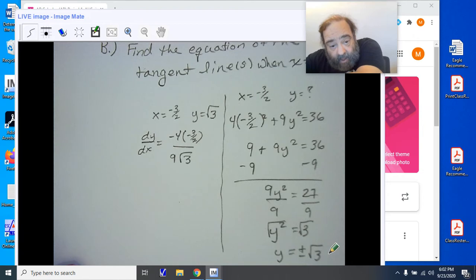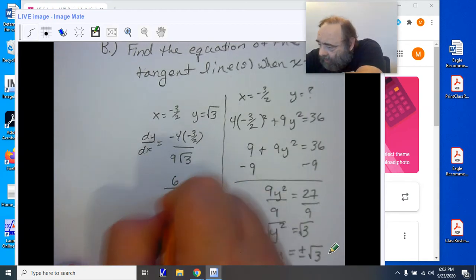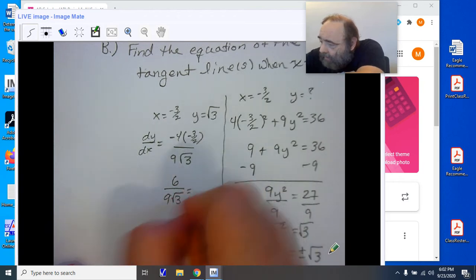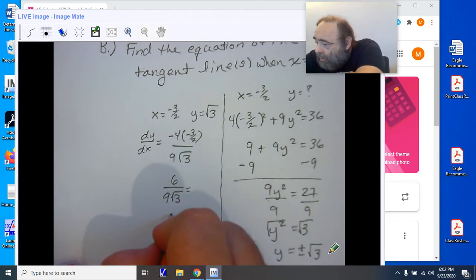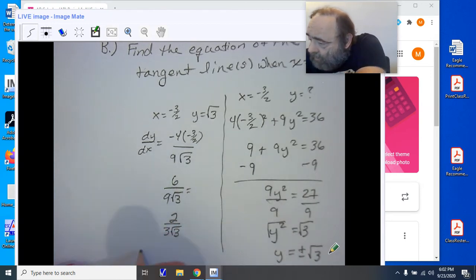Now, the double negative is going to make it positive. The 2 is going to reduce with the 4, leaving me with 2 times 3 in the numerator. And you'll notice I end up with 6 over 9√3. I'm going to simplify that again, and I'm going to end up with 2/3 √3.